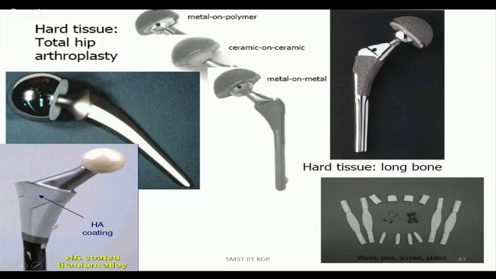Here you can see there is a hydroxyapatite coating and there is a ceramic ball on titanium alloys, and here we can see metal on metal, ceramic on ceramic, metal on polymer, or there could be ceramic on polymer, but I would never see ceramic on metal, because ceramic is really hard and it actually wears out metals, and there will be a lot of debris particles which will be exposed to the local tissues, and eventually it triggers osteoclast activities, macrophage activities and osteolysis.